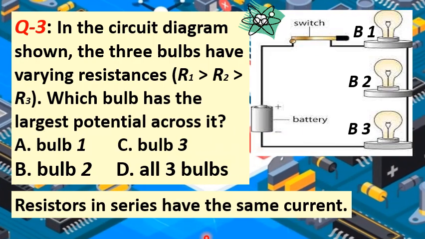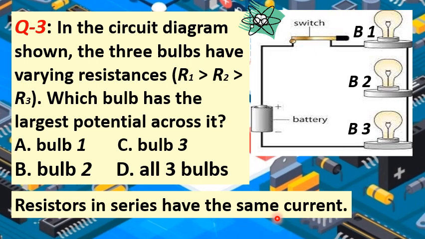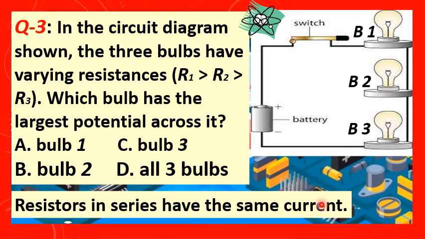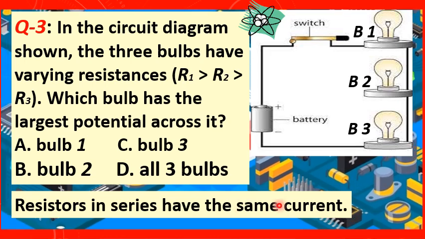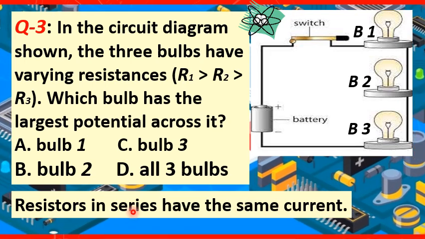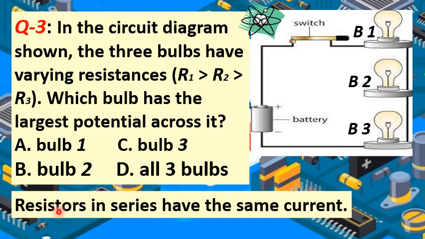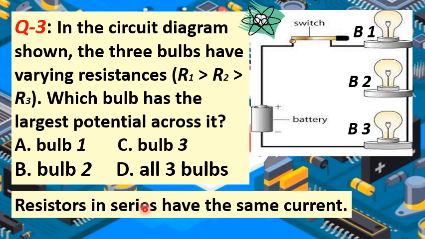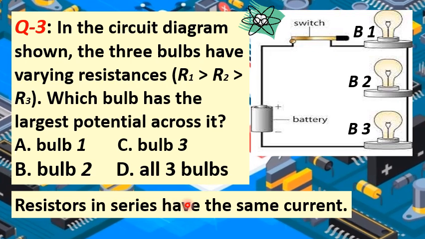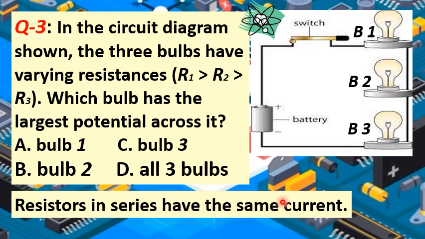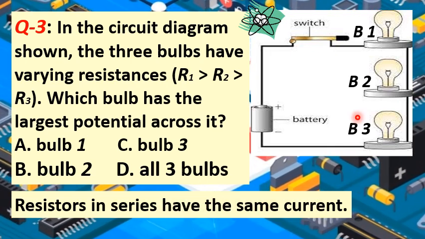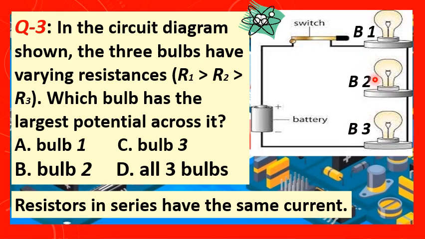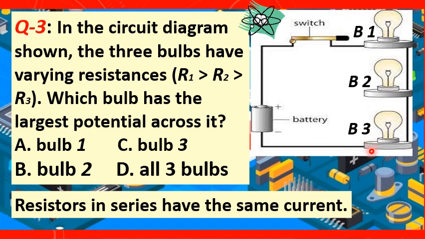That's one key concept in analyzing a circuit that has resistors in series, right? Current is the same, regardless of the amount of the resistances of the three bulbs.